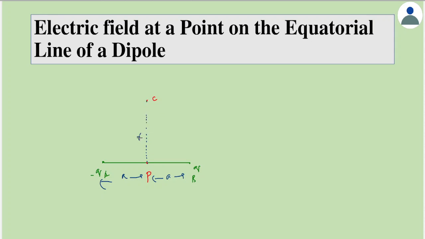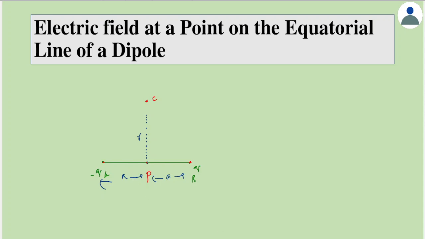So we need to find the electric field at this point C at a distance r from the center of the dipole. Again, the charges at points B and A, that is plus q and minus q, will create their own fields and we need to add them vectorially.